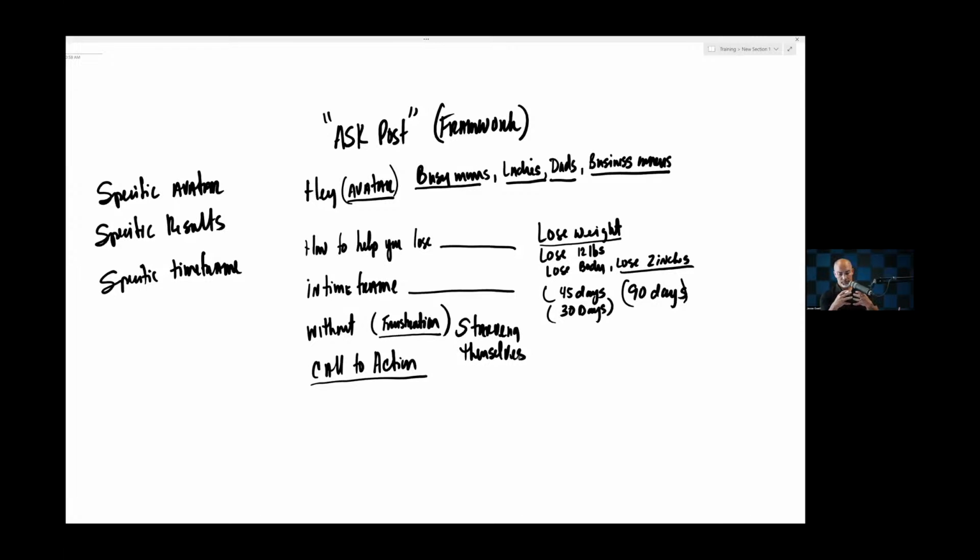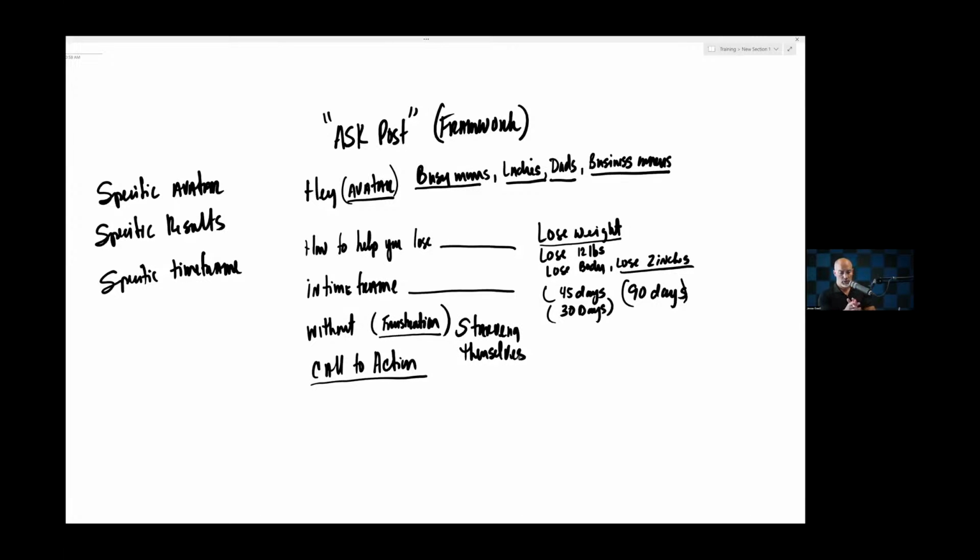Those are things that people think in their mind: in order for me to get these results, I have to starve myself, I have to take weight loss pills, I have to get a prescription from the doctor. So we want to make sure that that's clear. Hey, this is not one of those programs.